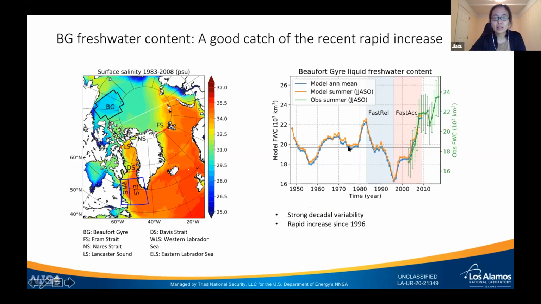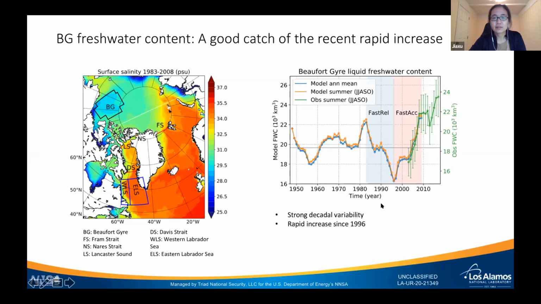Both the blue curve and the orange curve are the model output. The only difference is that the blue is for the all-month annual mean, and orange is for summertime only. We also overlay the observation in the green curve, which is what I showed before.